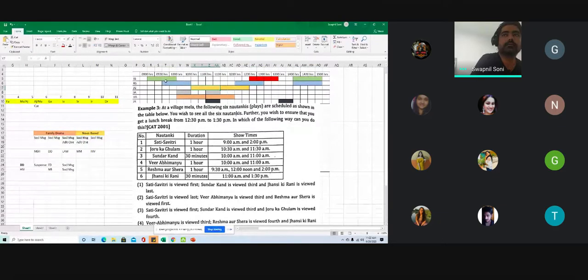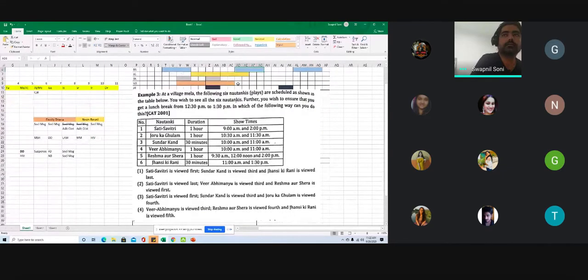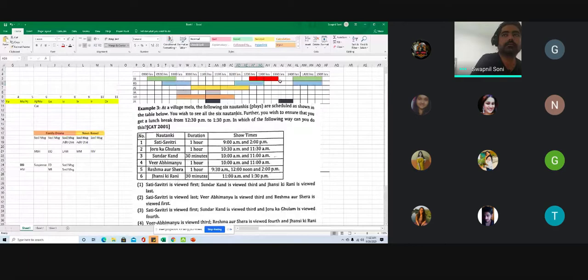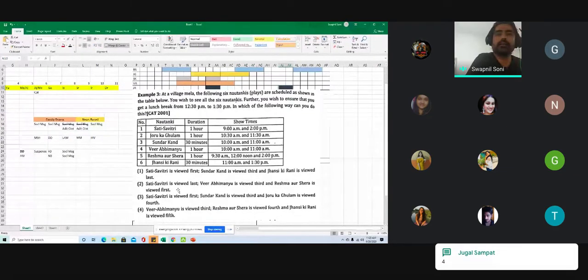Now let's look at the fourth one, which says Veer Abhimanyu is viewed third. So this can be first, this can be second, this can be third. Reshma Shira is viewed fourth. So it will be fourth. Then Jhansi Ki Rani is viewed fifth, and this can be fifth. So if you look at the fourth one, it seems possible.